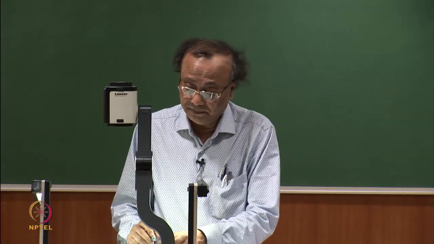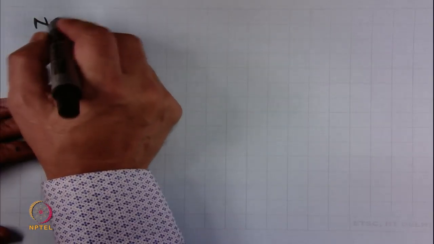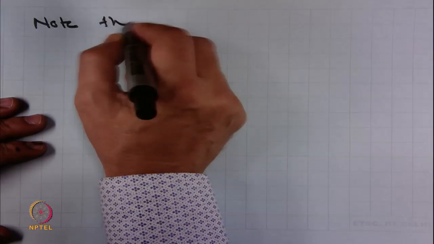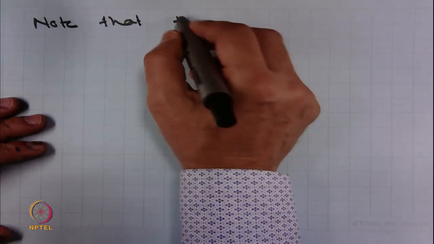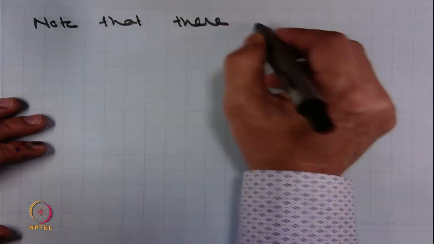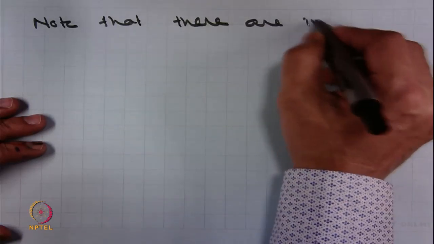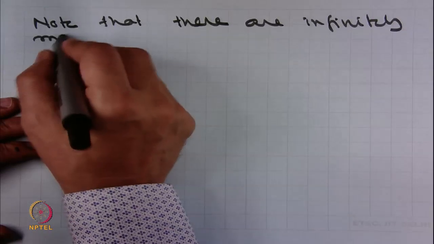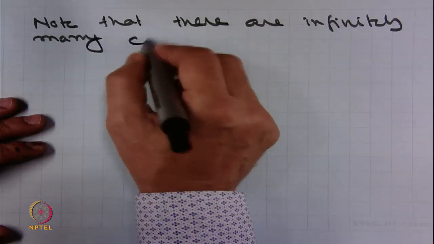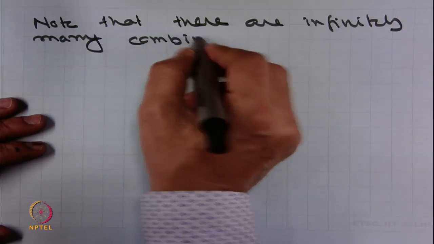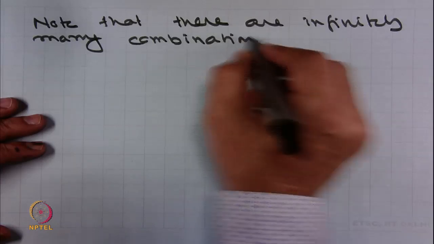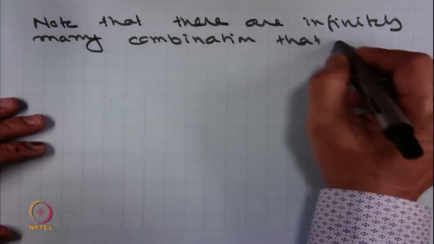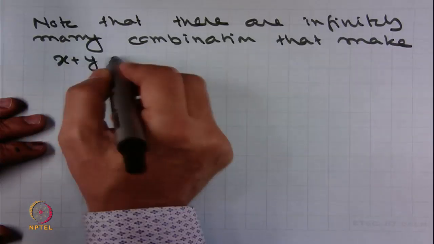So, let us do that. Note that there are infinitely many combinations that make x plus y equal to 2.